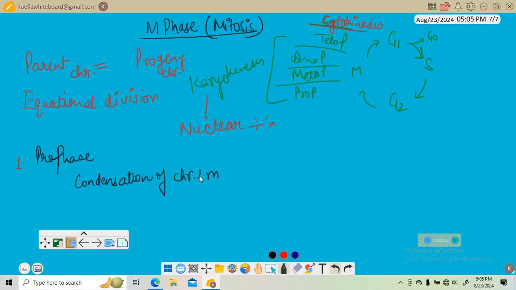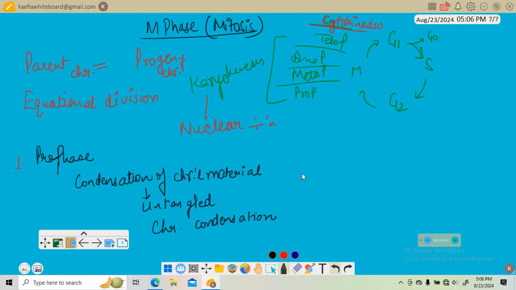This chromosomal material will become untangled during the process of chromosome condensation, or you can say during the process of chromatin condensation.